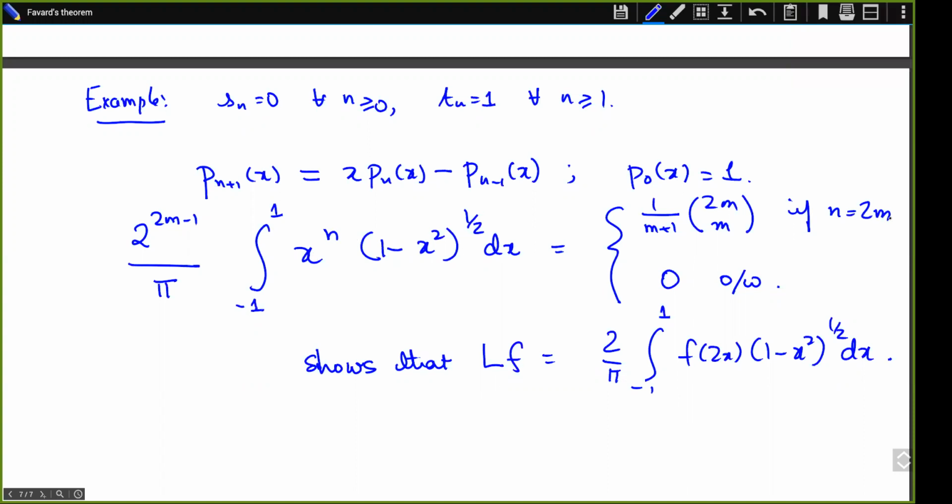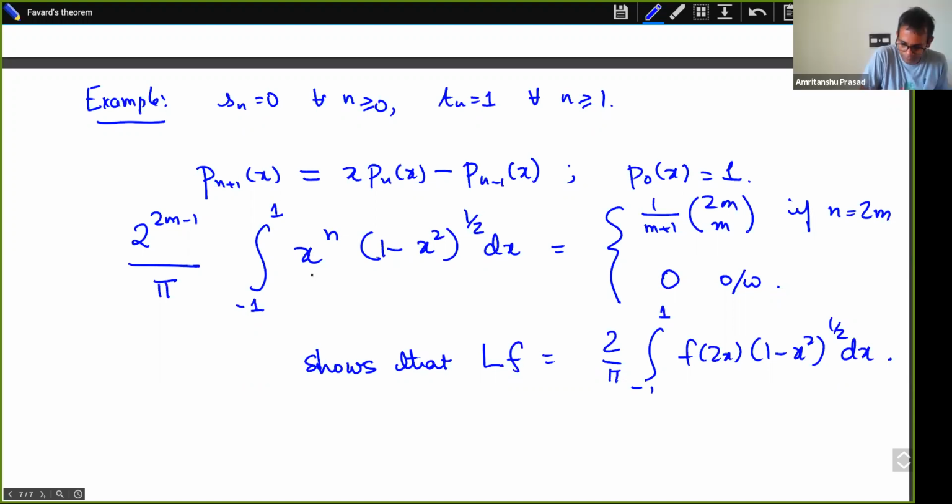I mean, this is obviously 0 if n is odd. If n is even, then it is given by this Catalan number.